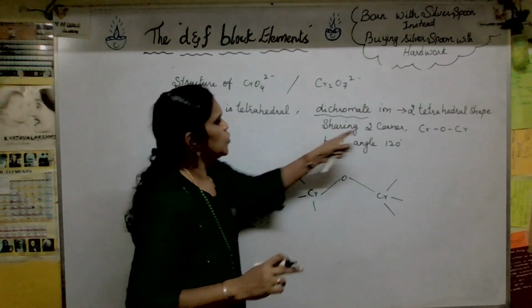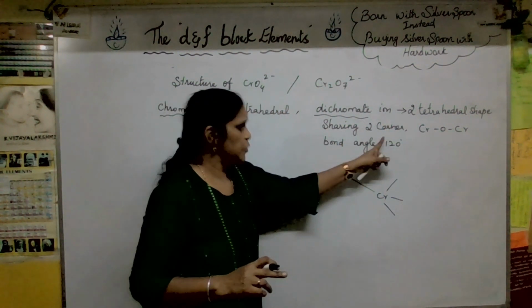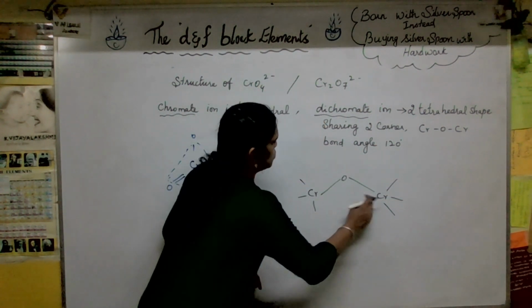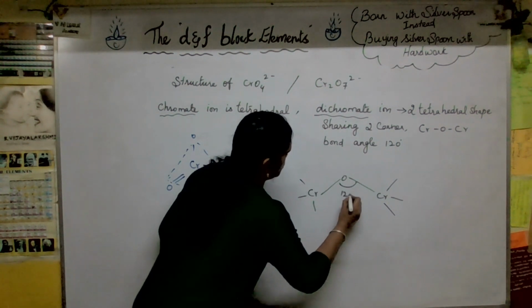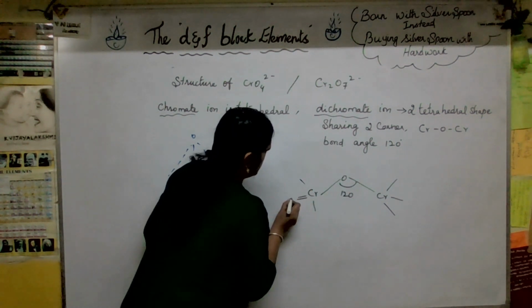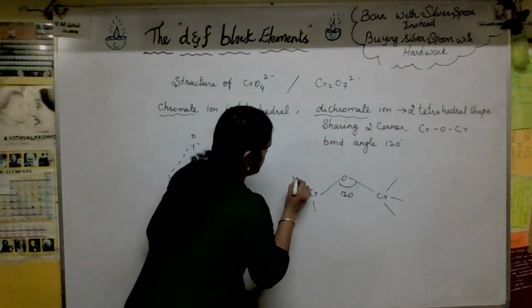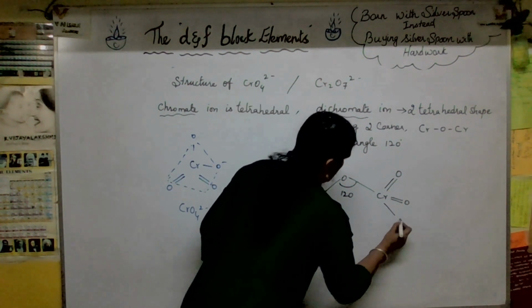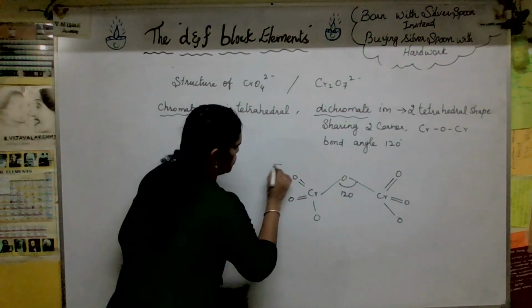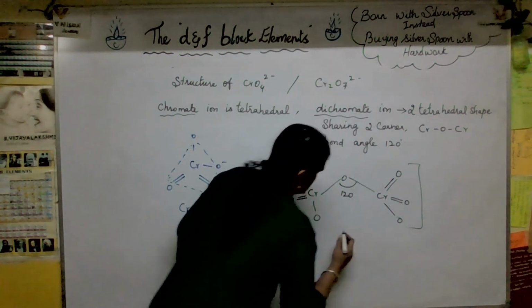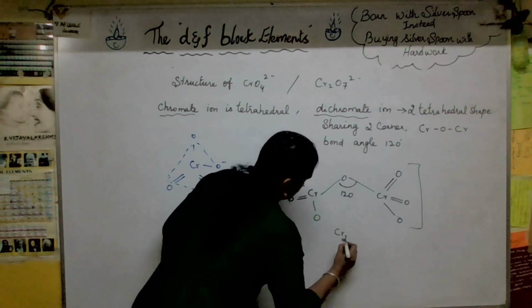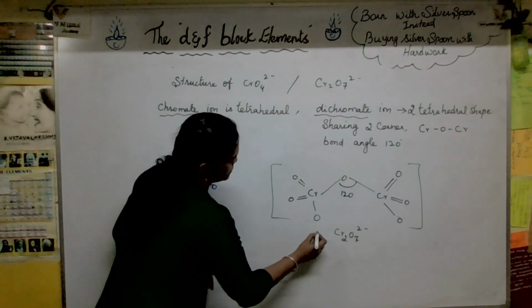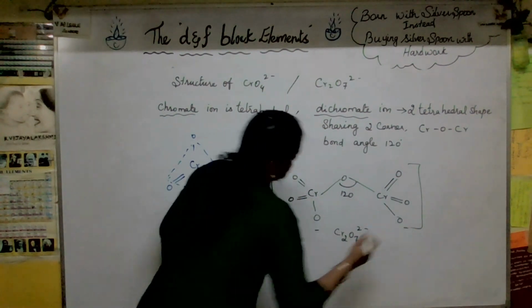So here two tetrahedral shapes share one corner through the Cr-O-Cr. The Cr-O-Cr bond angle is 120 degrees. Here one double bond, here one double bond, the same way, here one double bond, here one double bond O, and here also O. So this is actually Cr2O7 2 minus. Here one minus, here one minus.